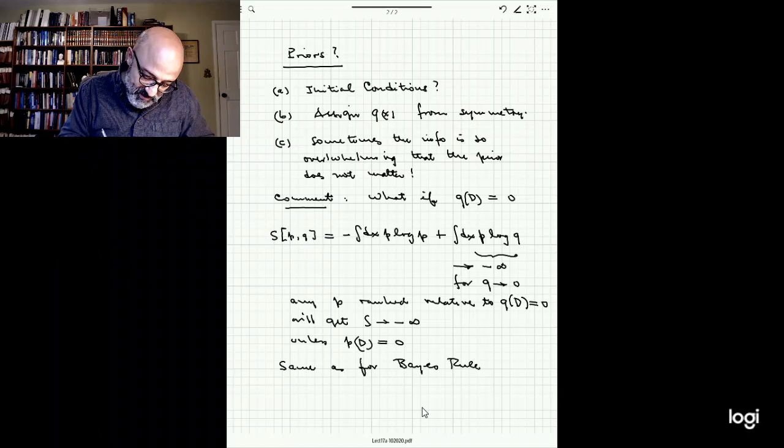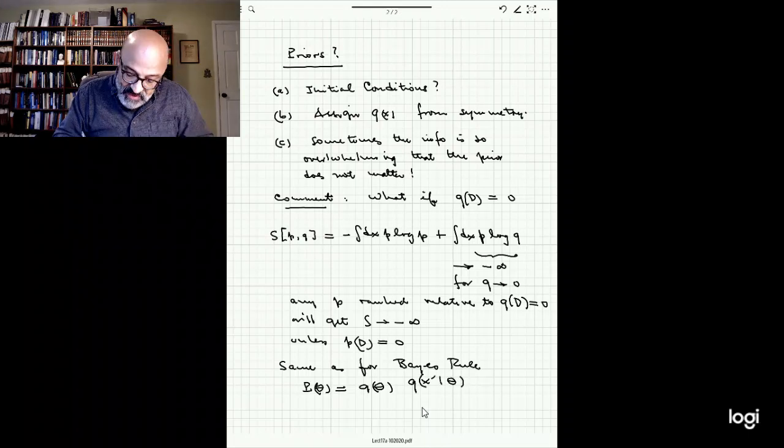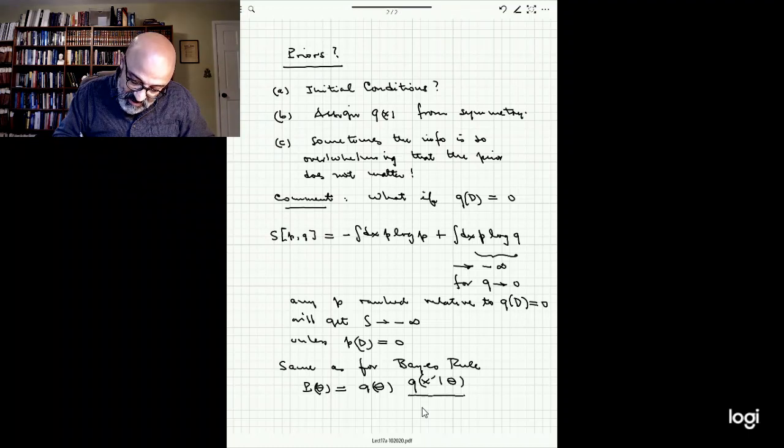The posterior for a parameter is the prior multiplied by the data, here we have the likelihood function, and then here we have some normalization constant. Okay, so this is going to be something like that.